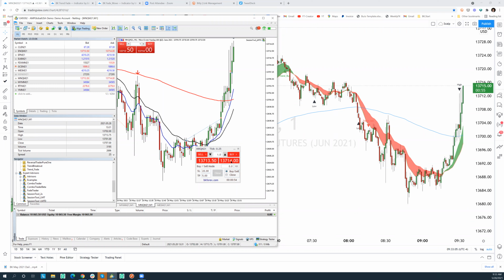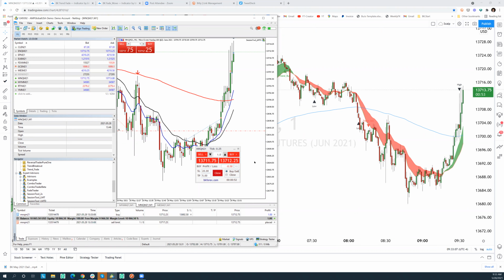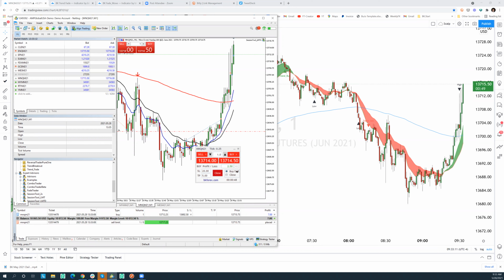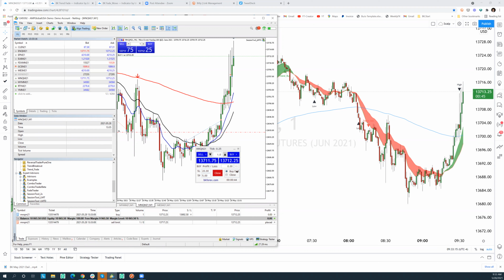Let's see. All right, I'm chasing it just for fun, for like 5 points, because I think it's a big momentum move. Ooh, that was super close. Okay, what's my TP? 17? Maybe I'll make it 4.